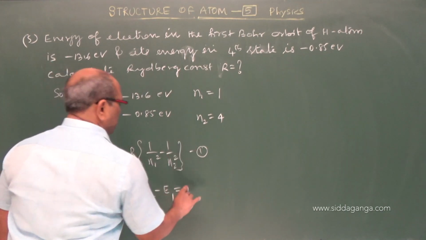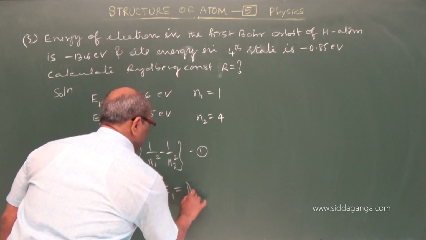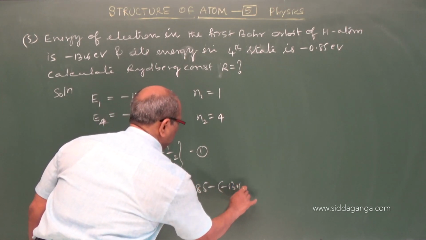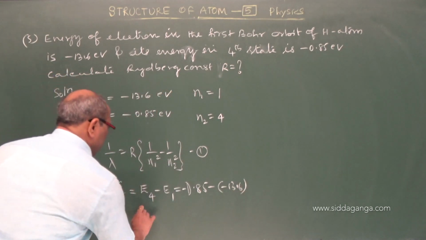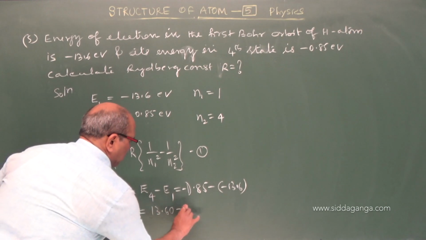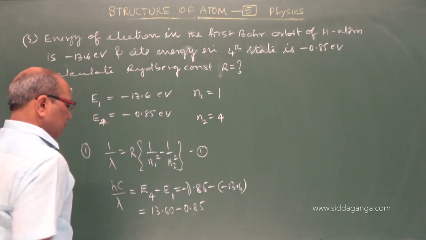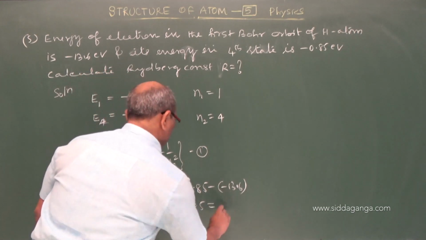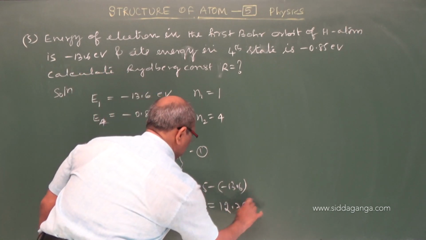This is minus 0.85 minus of minus 13.6, so plus 13.6 minus 0.85, which gives you 12.75 eV.